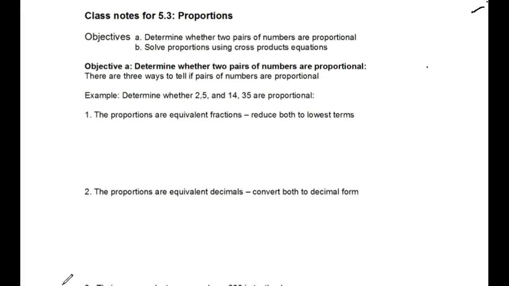Numbers are proportional if, number one, they're equivalent fractions. So here's our example problem. We want to determine whether the numbers 2, 5 and 14, 35 are proportional. Well, I'll write 2 over 5 and 14 over 35.